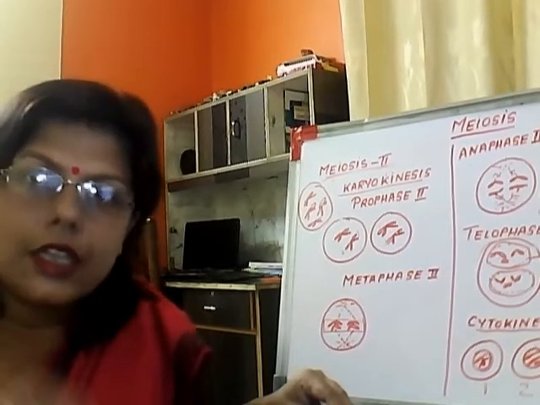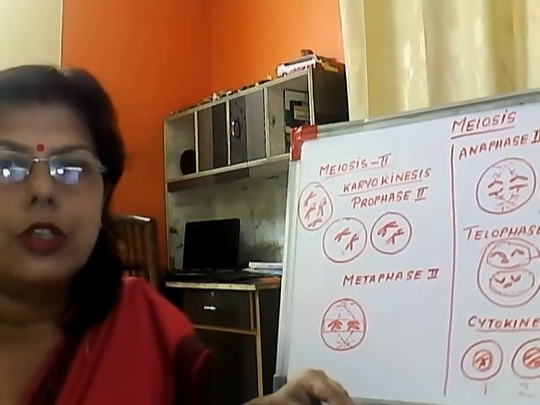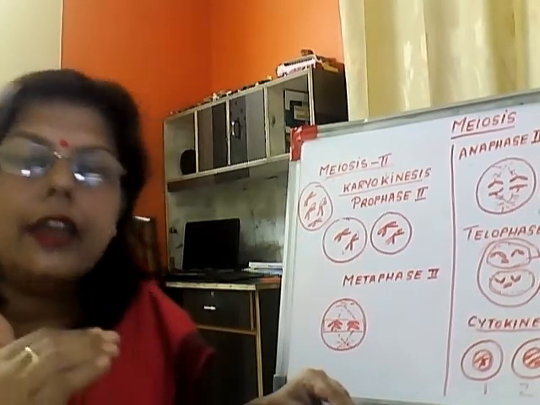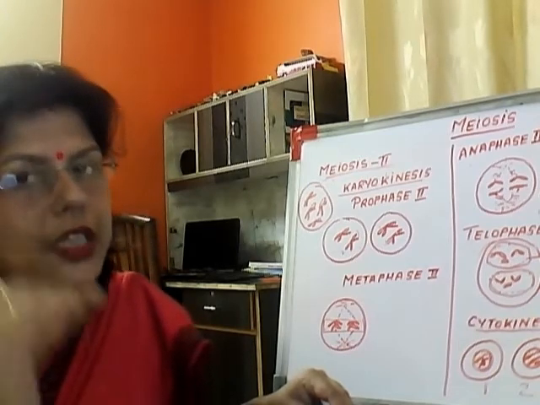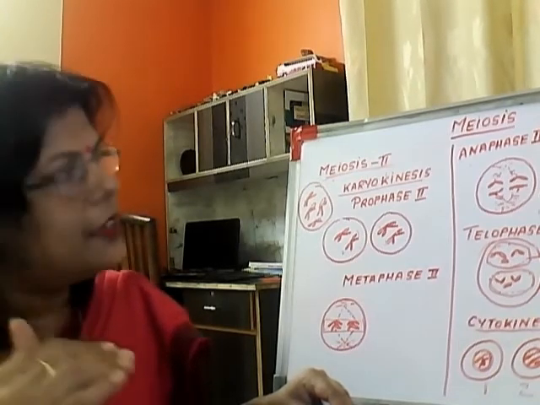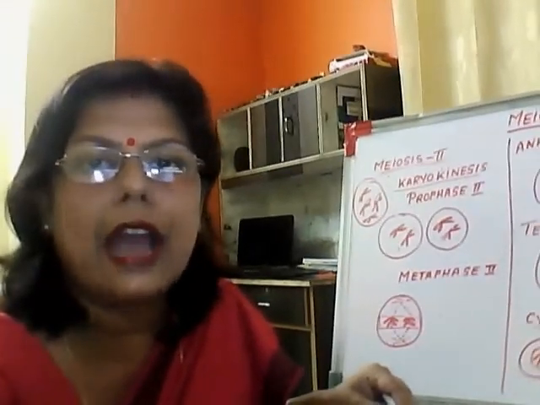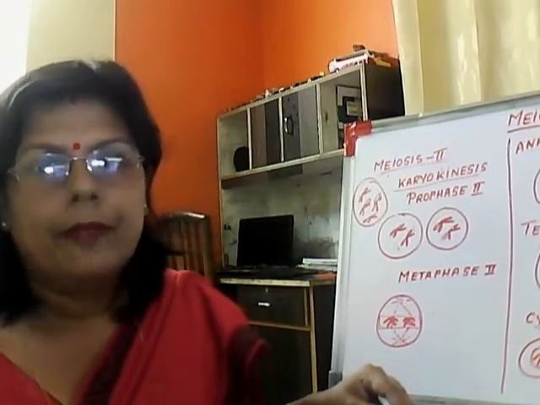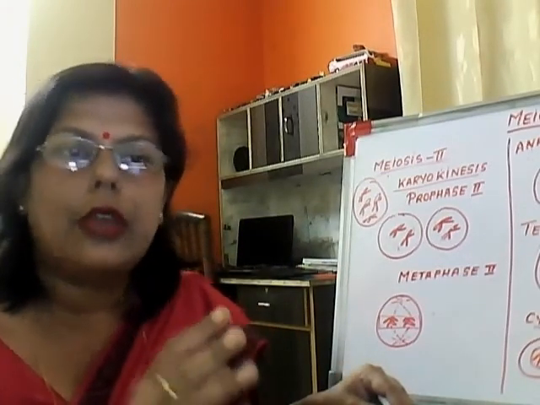Besides this, you have to know what synapsis is, what homologous chromosomes are, and why meiosis is known as reduction division. If these things are clear, then you can easily attempt any question asked from this chapter.